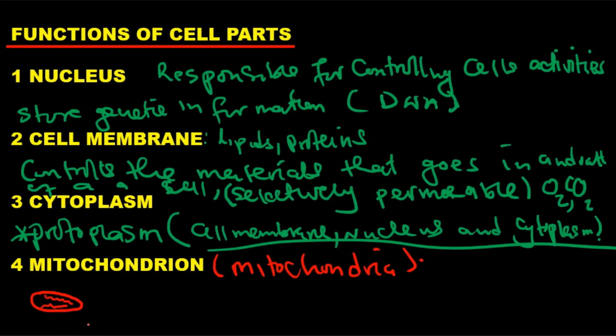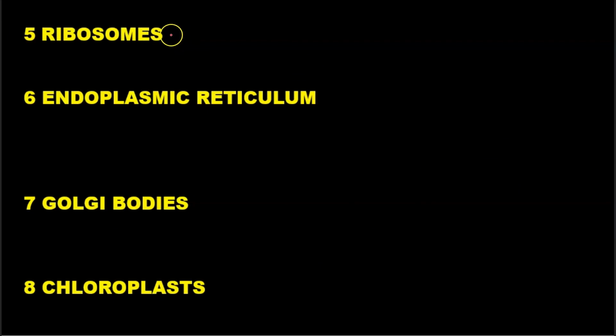Now, what is the function of the mitochondrion? In a cell, the mitochondrion is where respiration takes place. It's the place of respiration. Okay, so let us look at the ribosomes as part of the cell. So what are ribosomes?